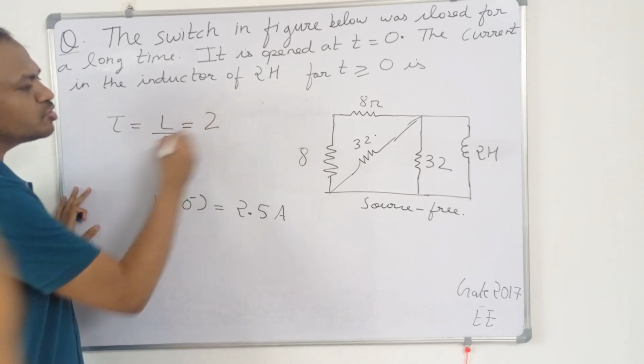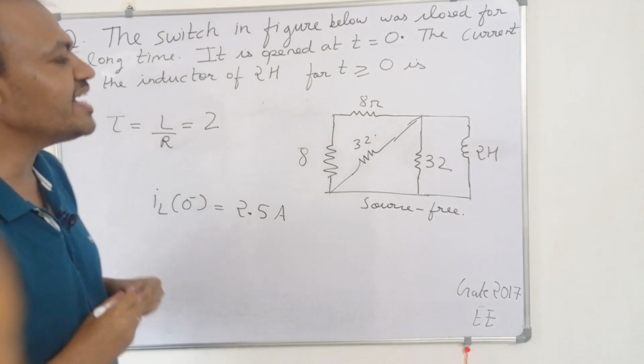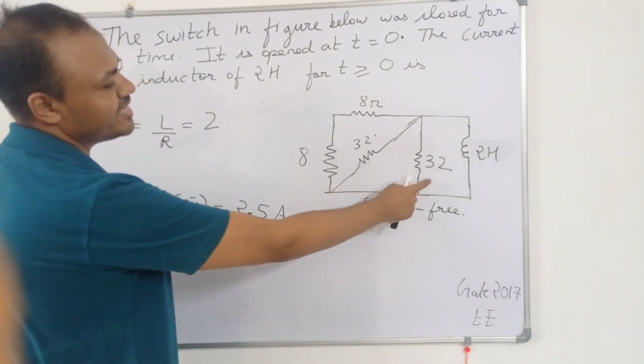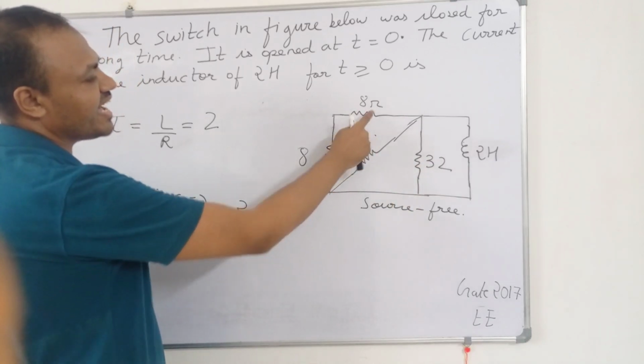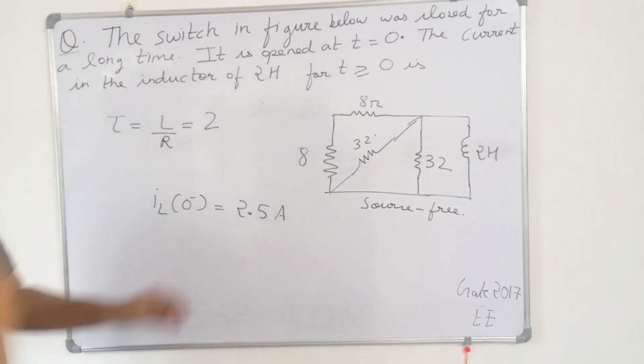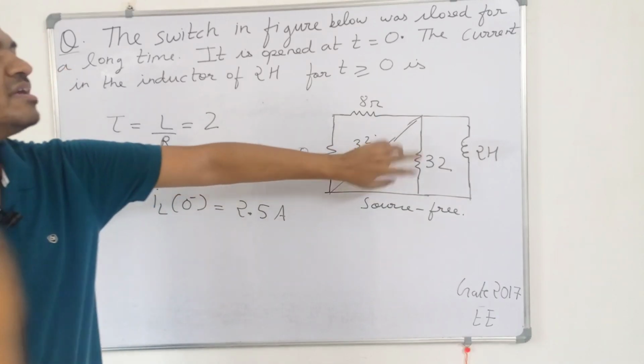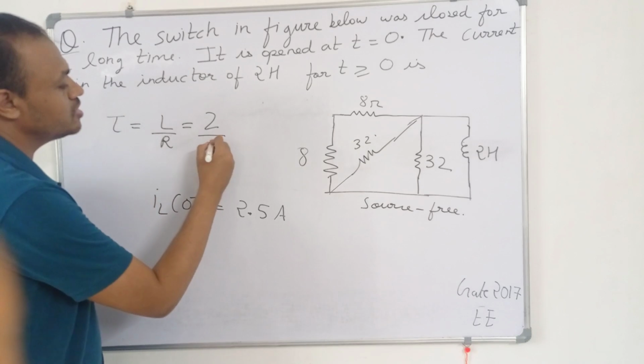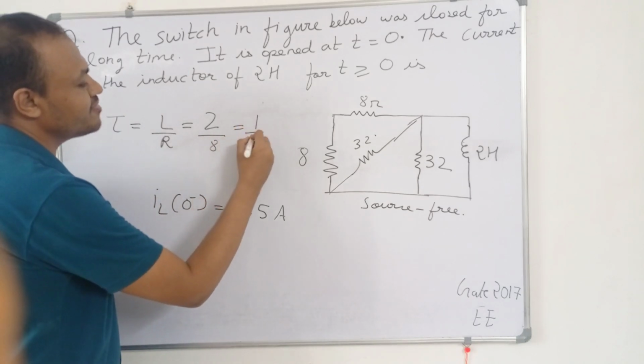L is 2, and to find R, 32 in parallel with 32 is 16, and 8 in series makes 24. Then this 16 and this 16 are in parallel, so total 8 ohm. So tau is 2 by 8 equal to 1 by 4.